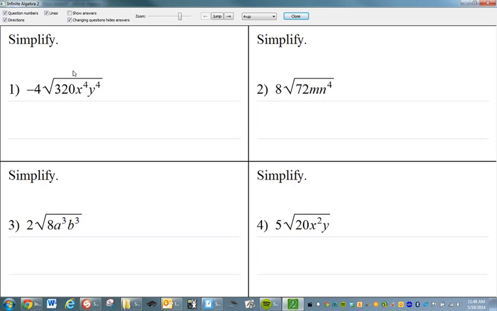So I get 5 times 2 times the square root of x squared is x times the square root of 5 times 1. So I get 10x times the square root of 5.